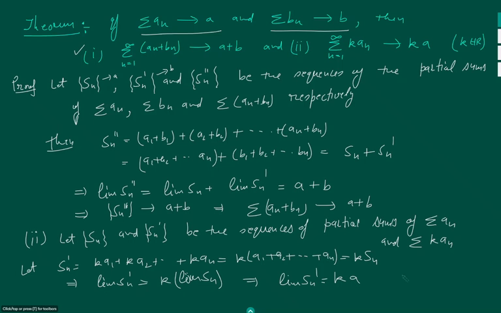Why? Because the series An converges to A implies that the sequence of partial sums of An converges to A. So this implies that the series k times An converges to k times A. So we have shown that if An converges to A, then the series k times An converges to k times A. So this is all pretty easy.